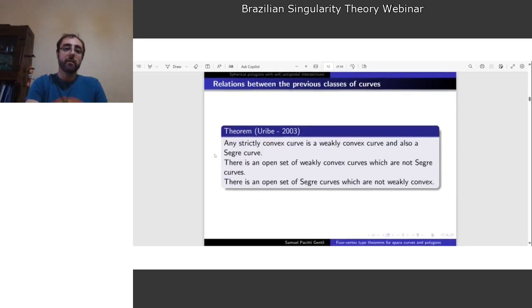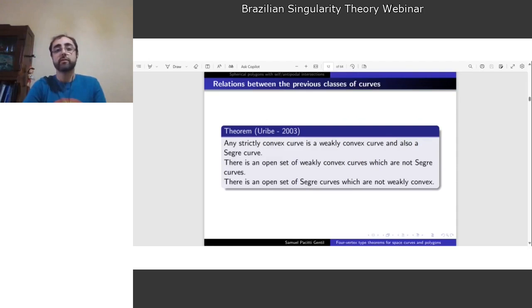Okay, so we defined three different classes of space curves, and each of them admits a non-trivial lower bound of 4 on the number of flattenings. In 2003, Uribe proved some relations between these classes.